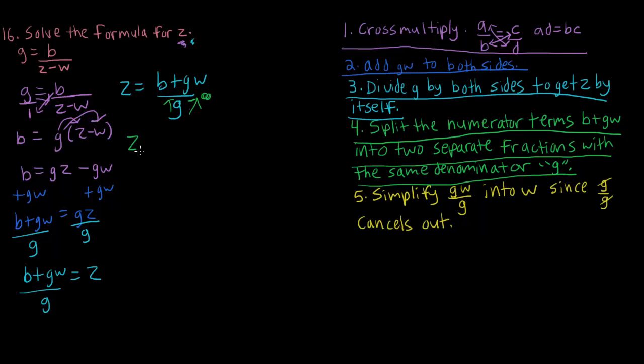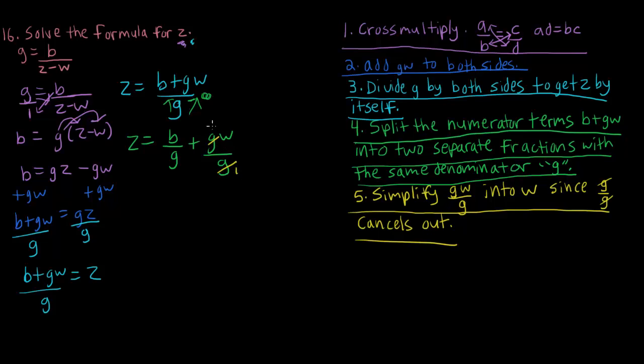So we want to split up the fraction. Z equals b over g plus gw over g. And then for step 5, we want to go ahead and simplify gw over g into w, since g over g cancels out. So b over g we can't simplify, but g goes into itself once, and you end up with z equals b over g plus w.